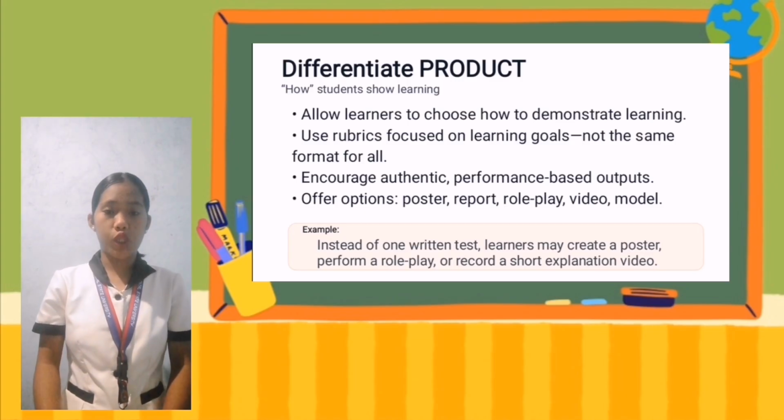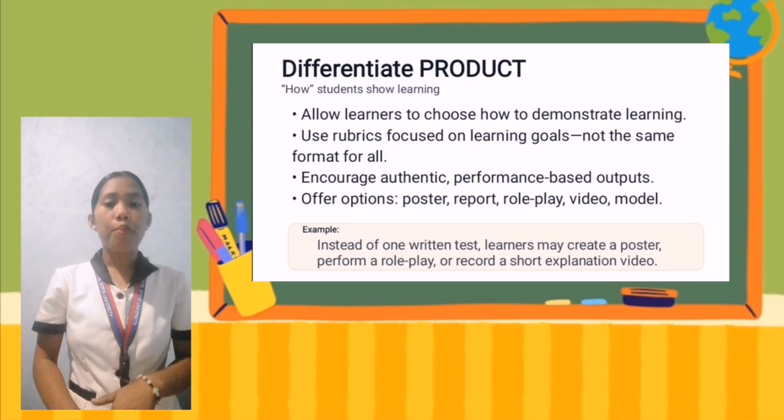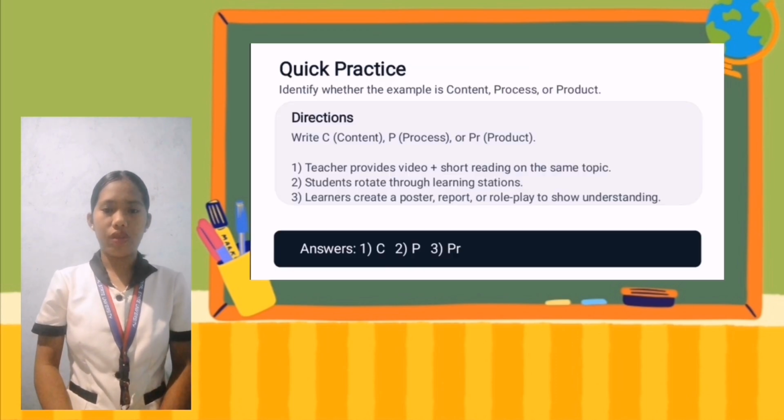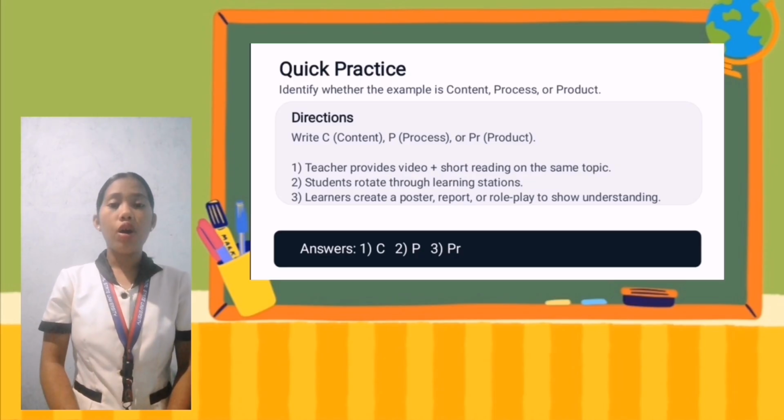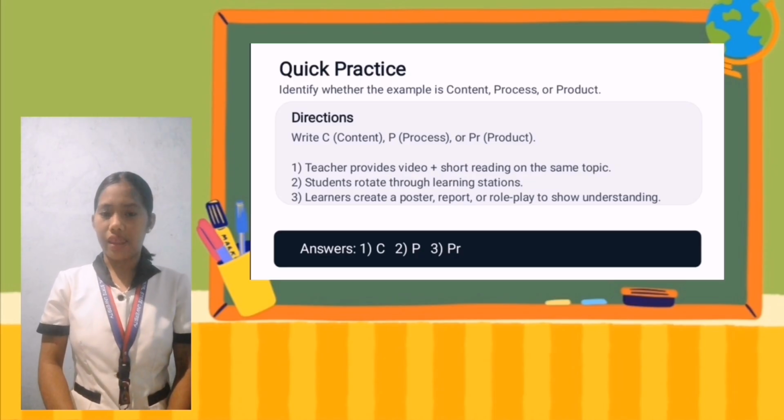Product refers to how students demonstrate what they have learned. For example, instead of one written test, learners may create a poster, perform a role play, or record a short explanation video.